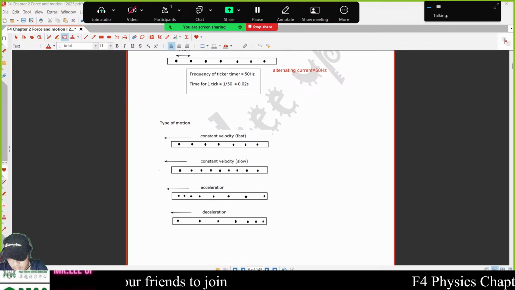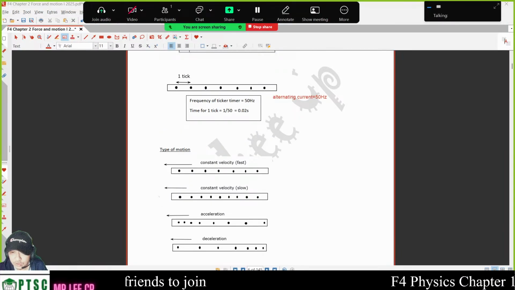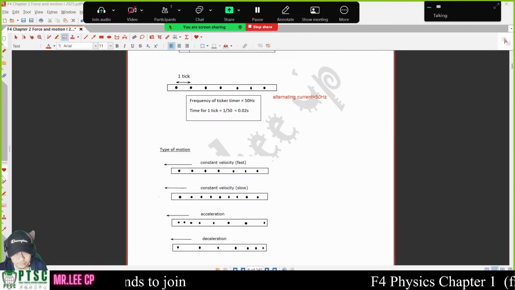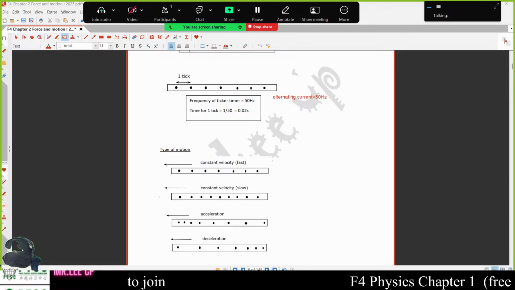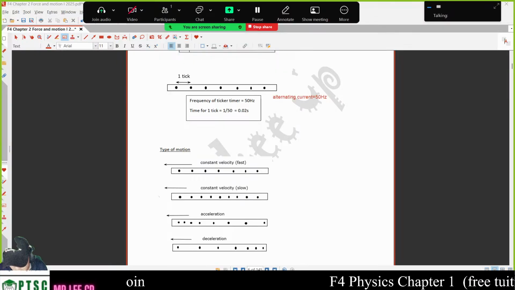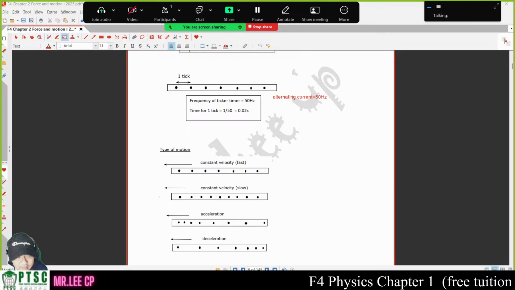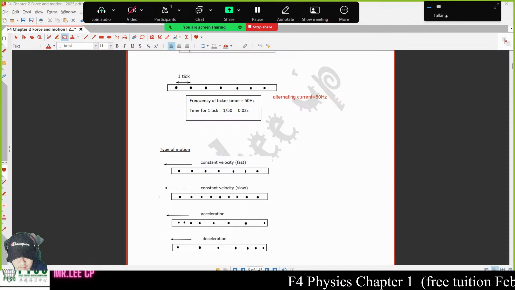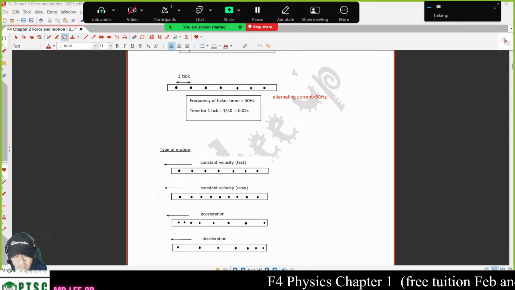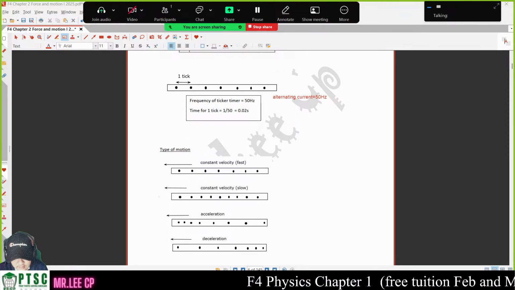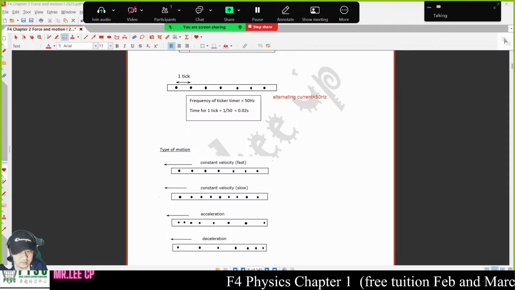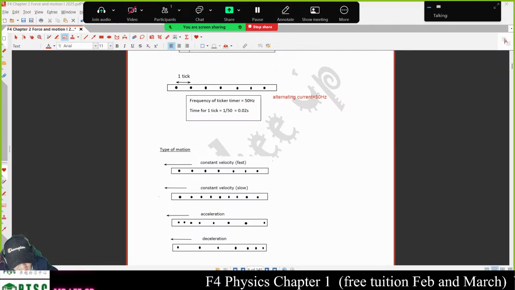Now, the next thing is you need to know the type of motion. If the distances are all similar, all the same length, it means it is constant velocity, meaning the velocity is the same all the way.